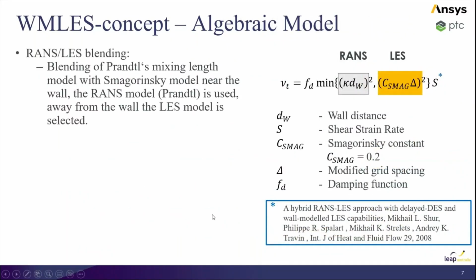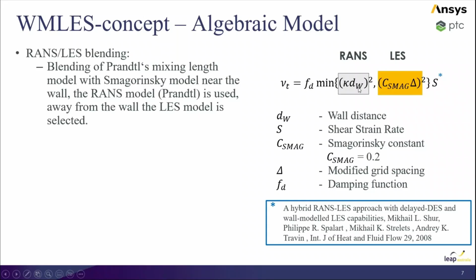So if we do a wall modeled concept here, and the early stuff did this via an algebraic model, what we could say is that close to the wall, we could take the eddy viscosity, or the turbulent viscosity, and take some sort of value from RANS, some sort of value from the LES, and take the minimum of that.